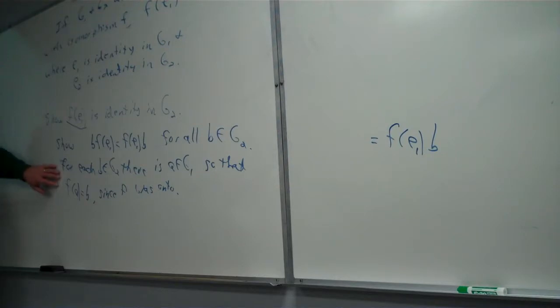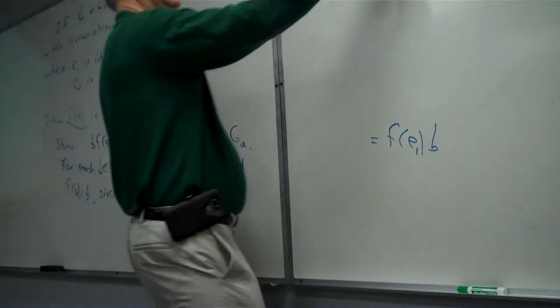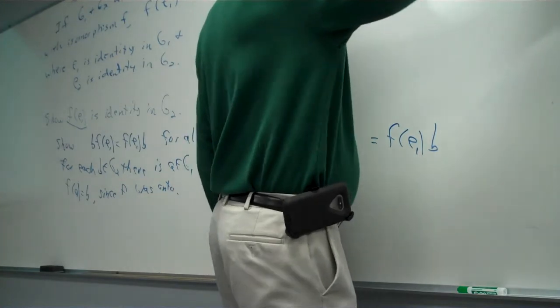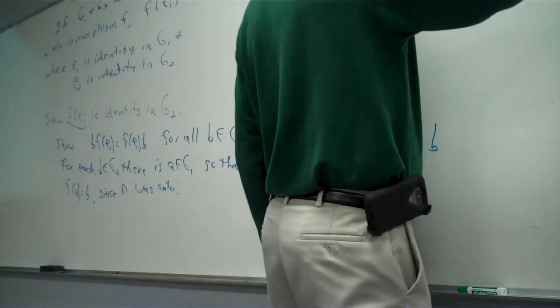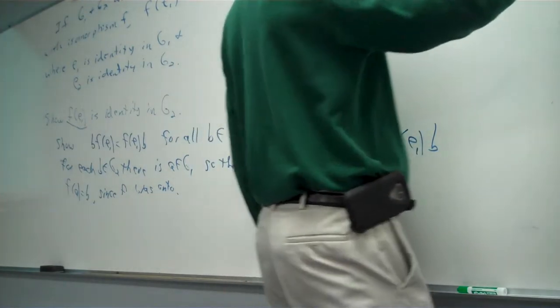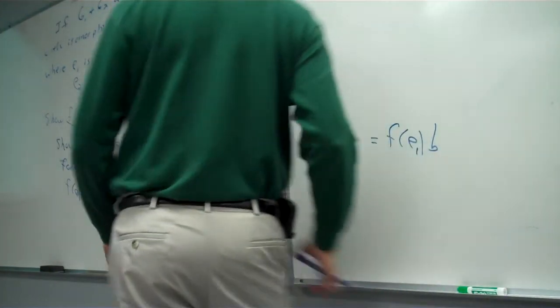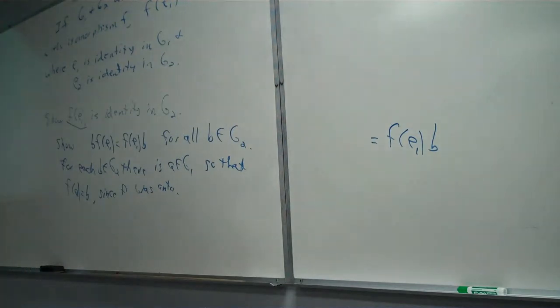But based on what we learned here, B F of E1 is F of A, F of E1 for some A in G1. And actually, I've forgotten one thing.